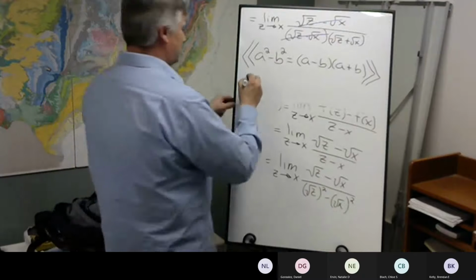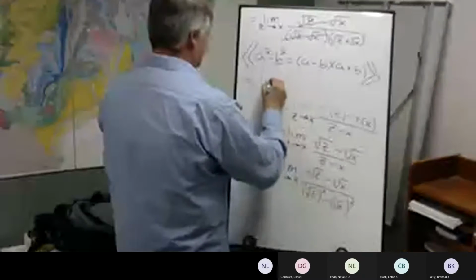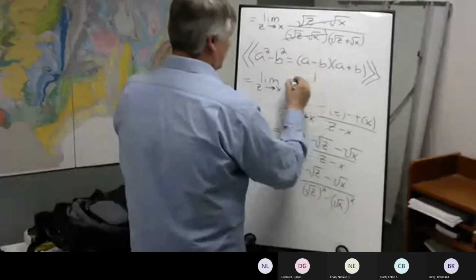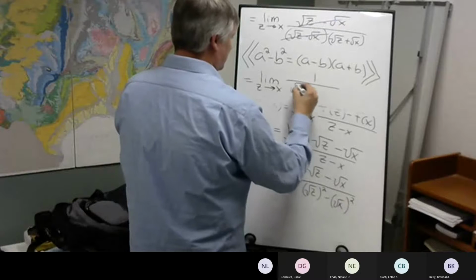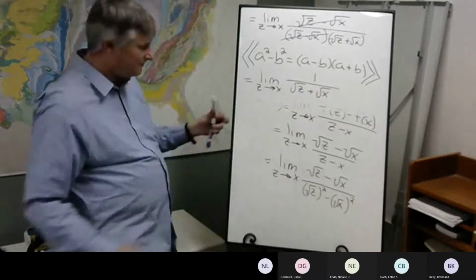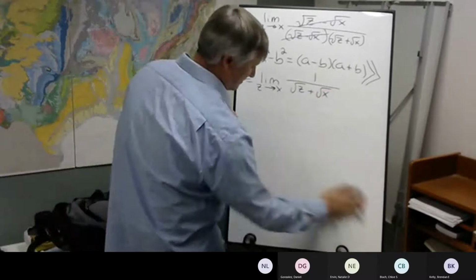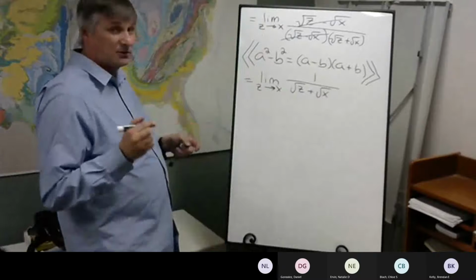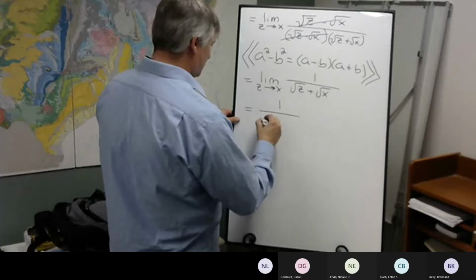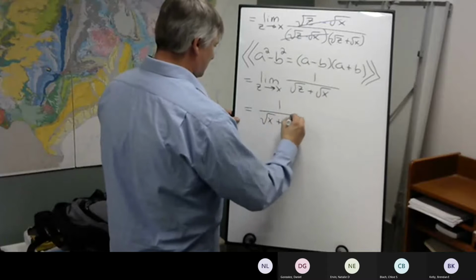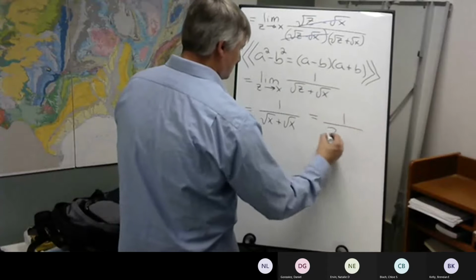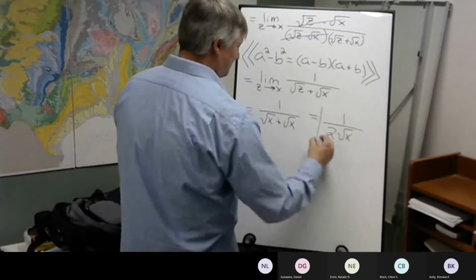And so what this will give us is the limit as z goes to x of 1 over the square root of z plus the square root of x. And so this will give us 1 over 2 square root of x.